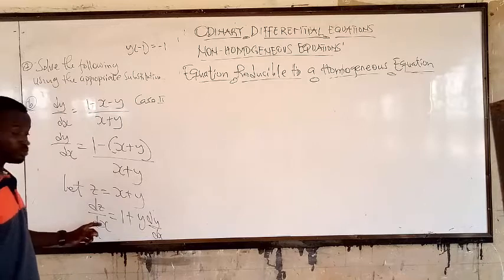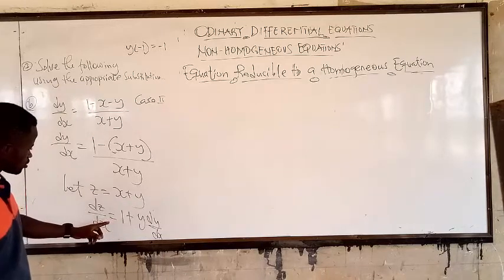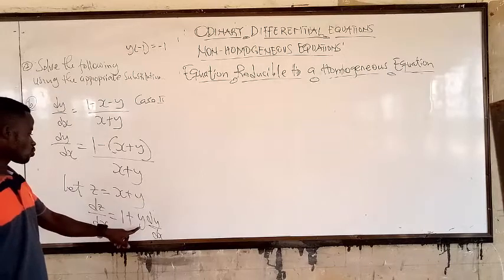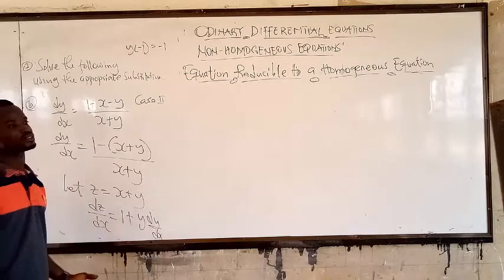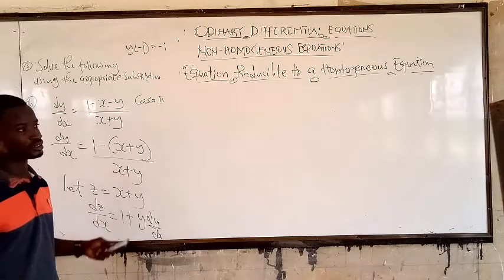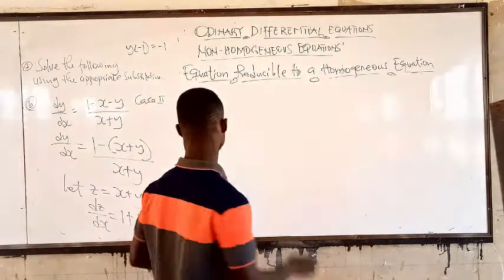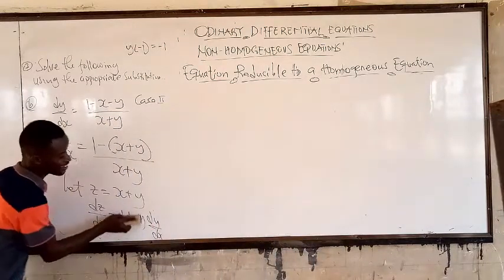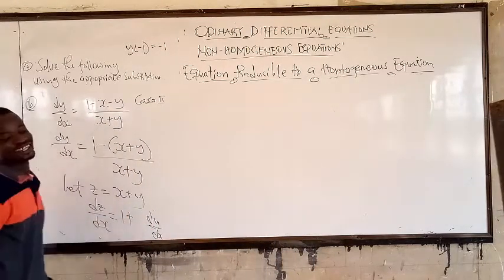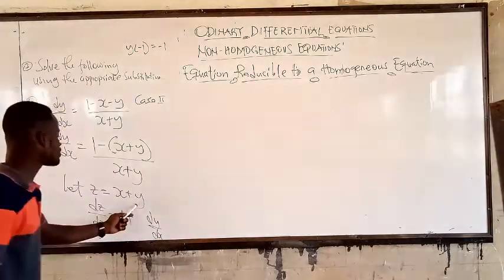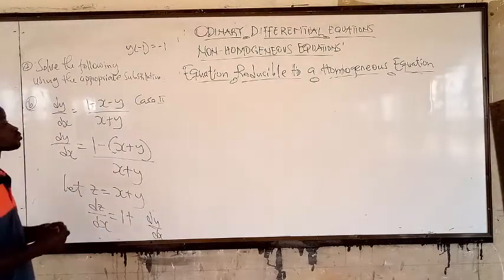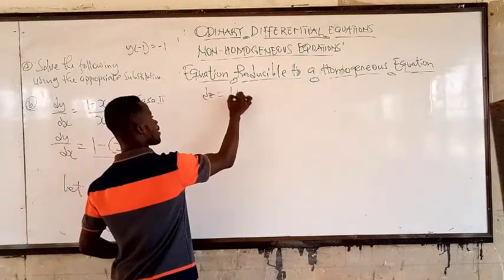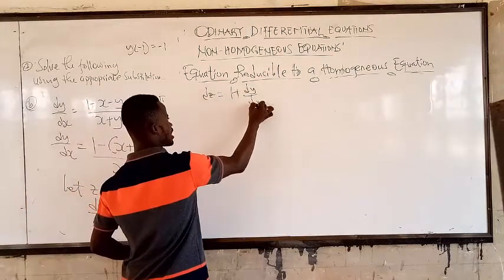I want you to check this one well. Is there any mistake? Oh, sorry, no. Differentiating y, we get dy dx. So we have dz dx is equal to 1 plus dy dx.